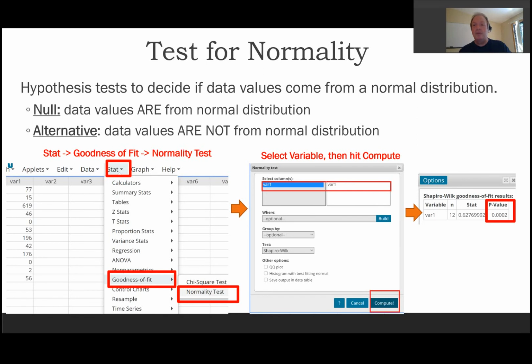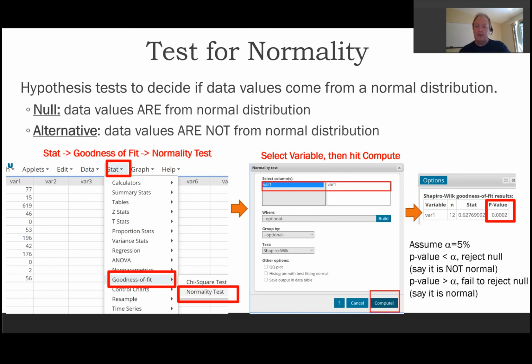And we interpret this p-value. We make our decision exactly the same way we do for any hypothesis test. We always assume an alpha of 5%. If the p-value is less than alpha, we reject the null. And if we reject the null, that means we go with the alternative and we say it's not from a normal distribution.